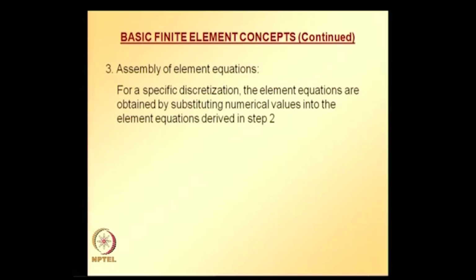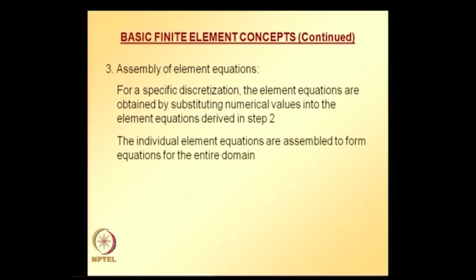So element equations are derived for a typical element, and for a specific element you substitute the nodal values and the geometrical properties of that particular element into the typical element equations. Individual element equations are assembled to form equations for the entire solution domain. This assembly process will be clearer once we solve a problem in a while.